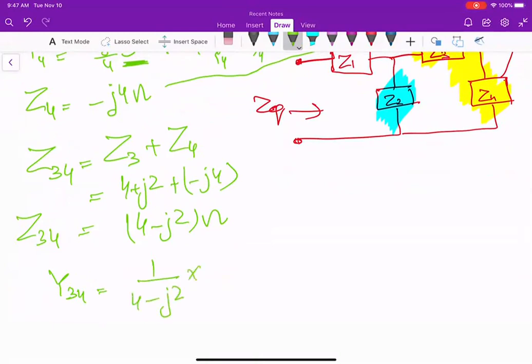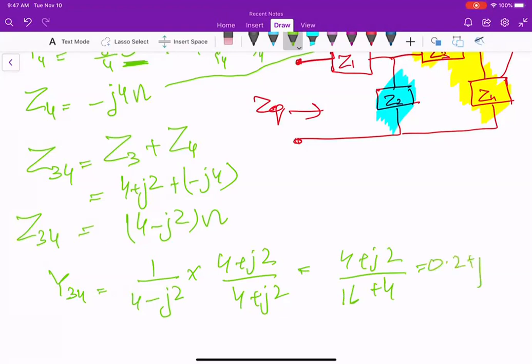Whenever we have this, we multiply it with the conjugate, and that will give us 0.2 plus j0.1 siemens. Okay, so this is Y34.